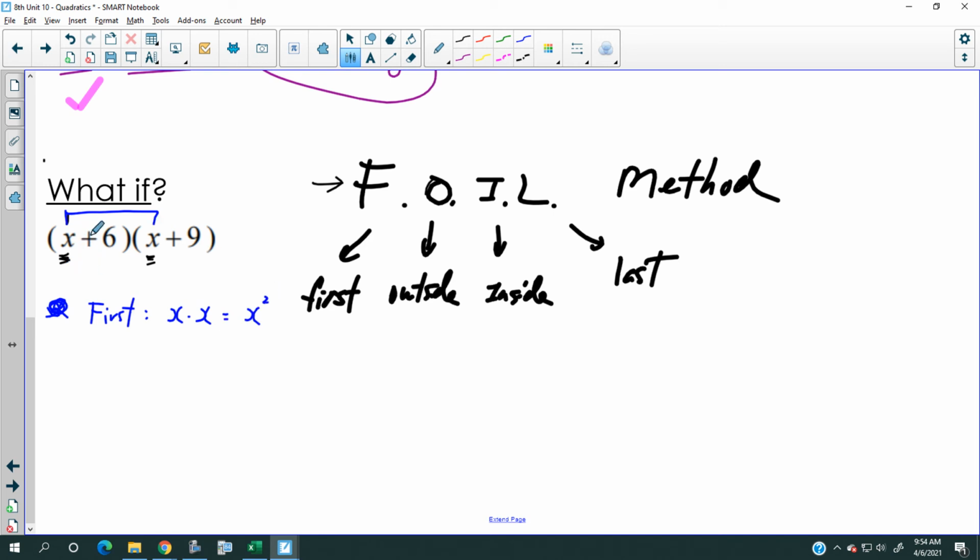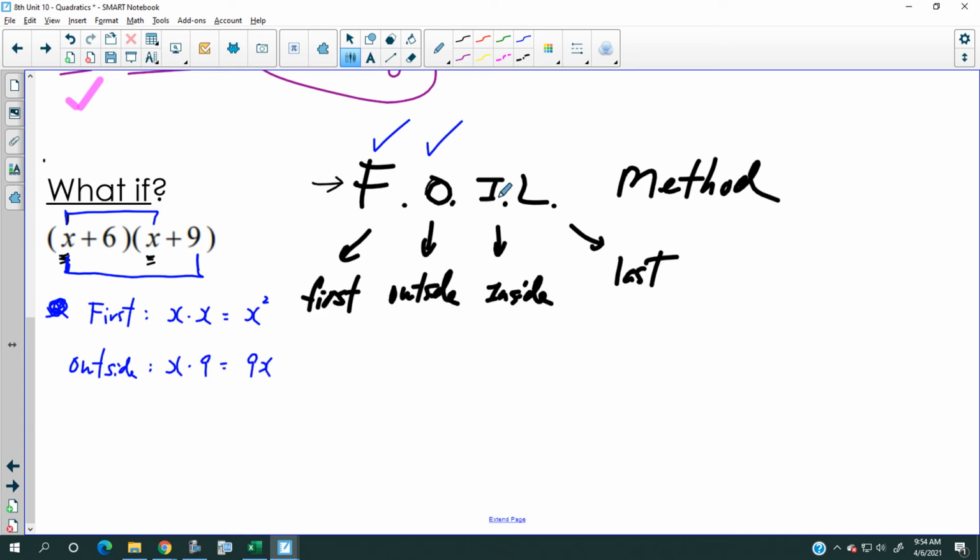First, outside. Here, the two outside terms. So this guy multiplied by this one, the two outermost terms. So X times 9, outside, X times 9, that's 9X.